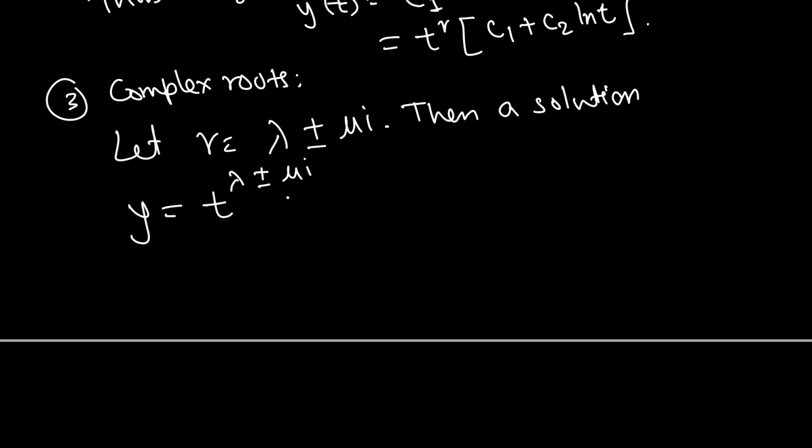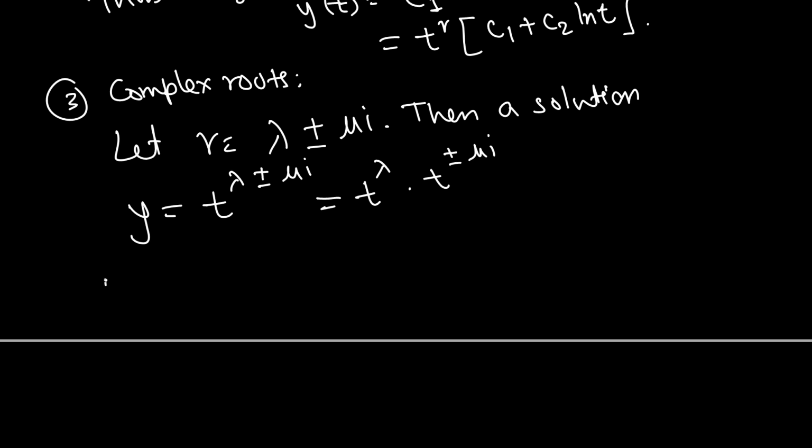So let's try to simplify and not write complex solutions in this way. This can be separated as t raised to lambda times t raised to plus minus mu i.